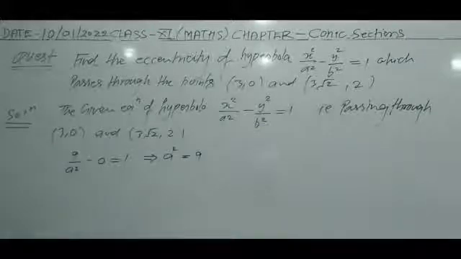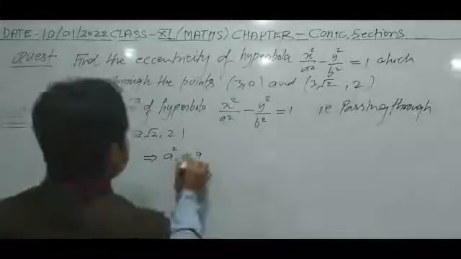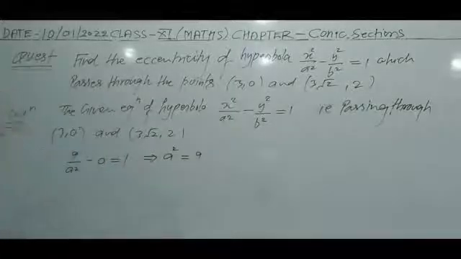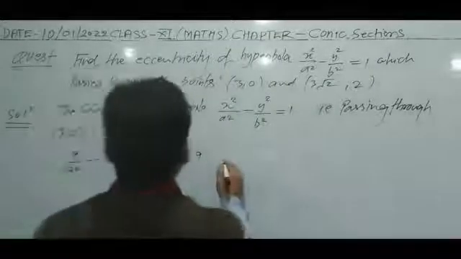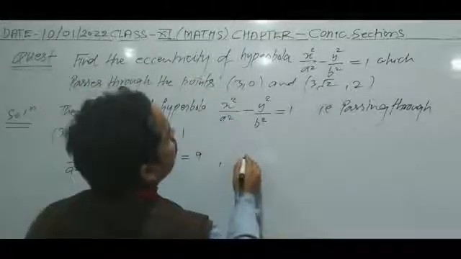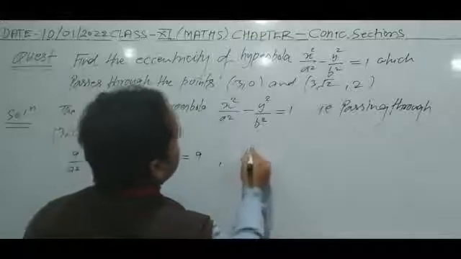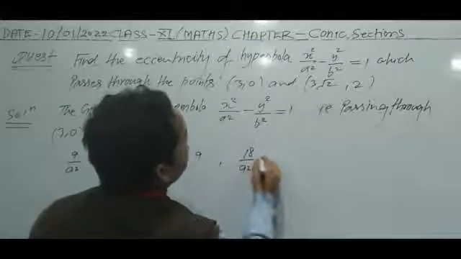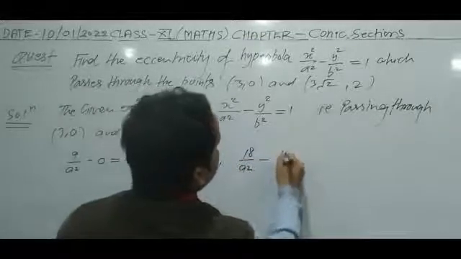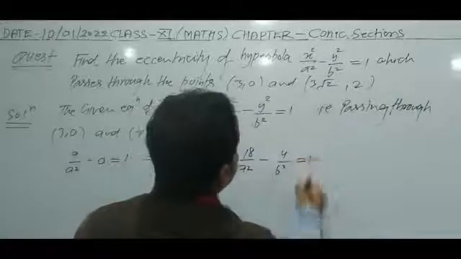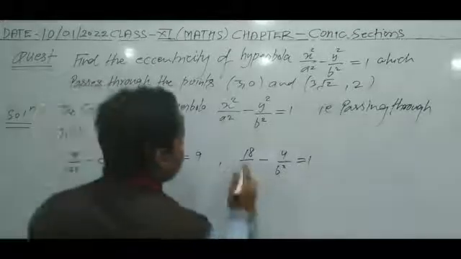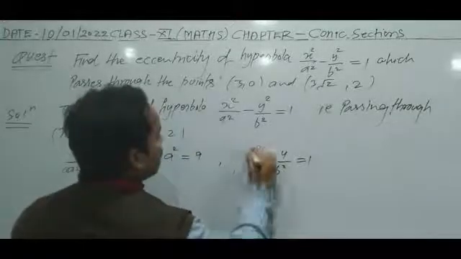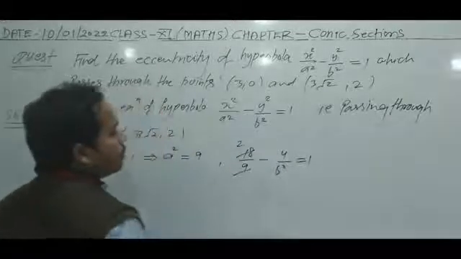Now this point also will satisfy this equation. Now 3 root 2 squared is 18, so 18 by a square minus 4 by b square is equal to 1. And a square is 9, so 18 by 9 is 2.